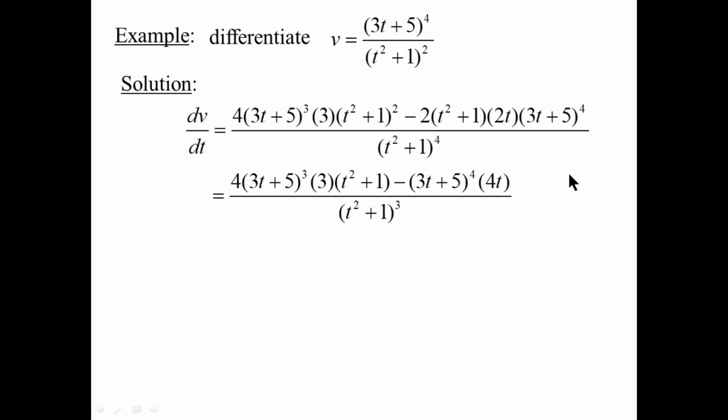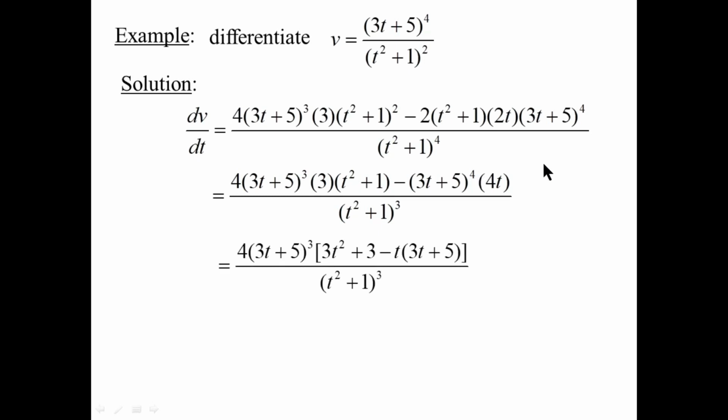Next, we can begin the process of common factoring. We have 2 terms in this numerator, and I see that there's a 4 in common, so 4 will come out. And I see there's a 3t plus 5 in common, so (3t plus 5) cubed will come out, leaving behind the residue. When we take all of this out, we're left with 3t squared plus 3.